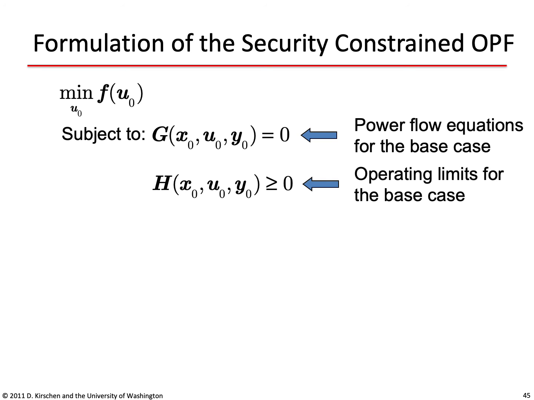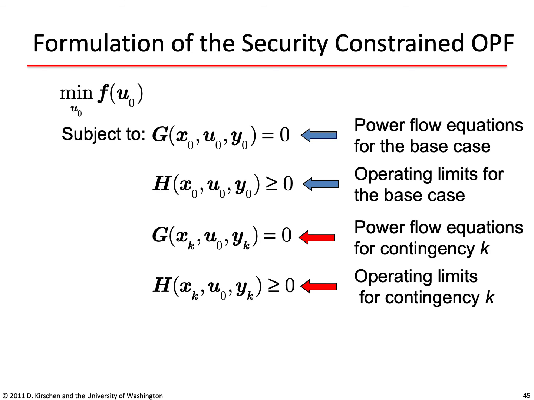We also need to consider equality constraints for the contingency k, g(xk, u0, yk) equals 0, and h(xk, u0, yk) greater or equal to 0, which represent the operating limits for the contingency k. So, under contingency k, a line may have been disconnected, therefore the parameters of the system yk are different from the parameters of the system y0 under the base case conditions.